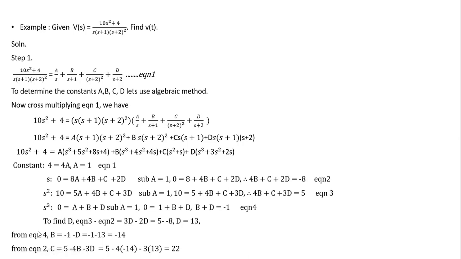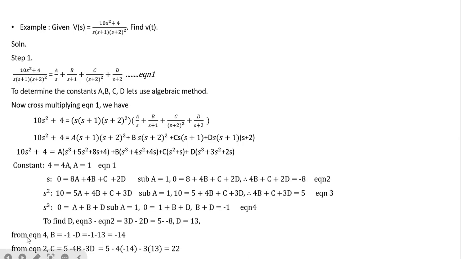You're going to have 3d minus 2d. You are going to have d. You are going to see c minus c will be 0. 4b minus 4b would also be 0. So the only term we'll be left with is d is equal to what? 13. So, and that's what you have there. You see 3d minus that. So you are going to be left with d is equal to 13.